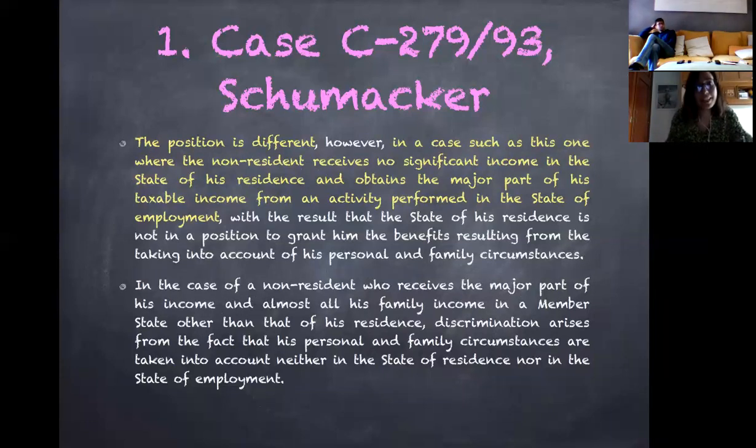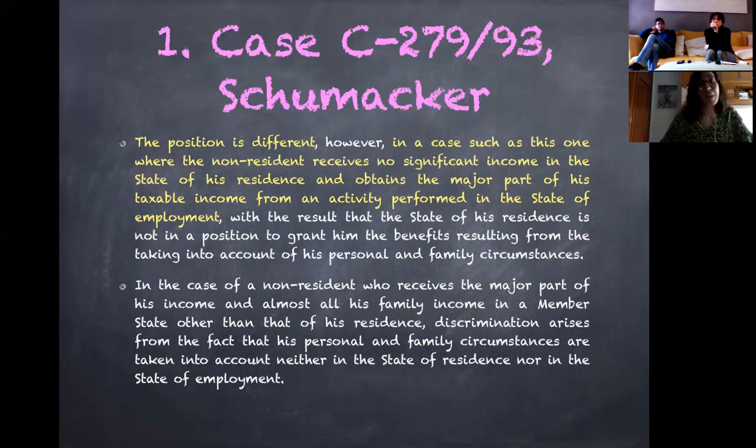But in this particular case, the ECJ understood that, taking into account that Schumacher does not earn anything in his resident state because his family didn't work there anymore, and the income earned by Schumacher was just in Germany and not in Belgium, in this case the source state, Germany in our case, is the one that has to take into account the general ability to pay of this natural person called Schumacher.